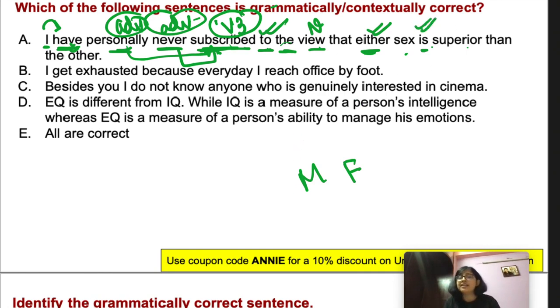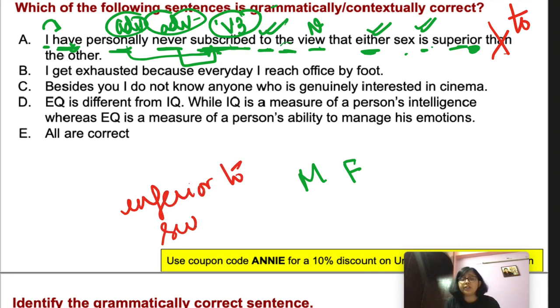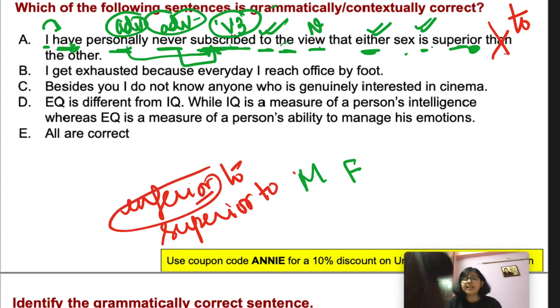So that's why is has been used. Is superior. Now any adjective that ends in IOR is followed by to. Superior to the other. Example: inferior to, superior to, exterior to. So any adjective that ends in IOR is always followed by to.